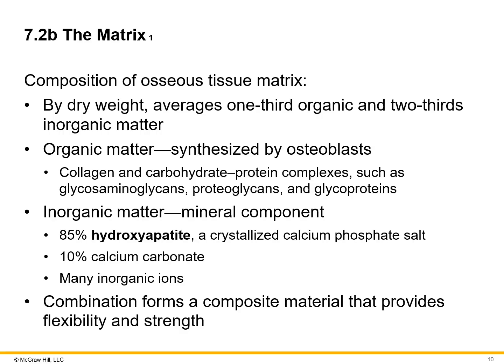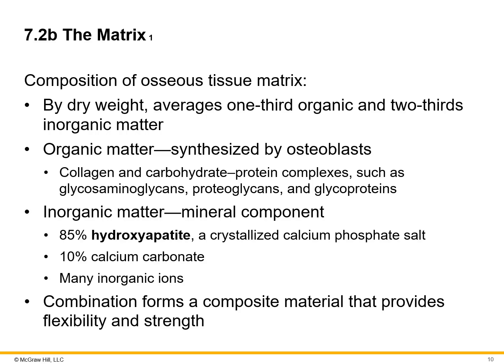The matrix of osseous tissue is that stony matter that surrounds the osteocytes and lacuna. By dry weight, the matter consists of about 1/3 organic matter and about 2/3 inorganic matter. So the organic matter are going to be the things that are made by the osteoblast, like the ground substance and the collagen fibers.